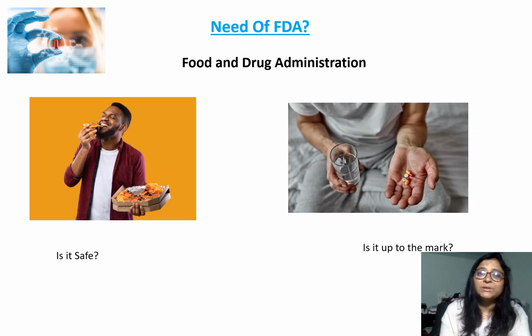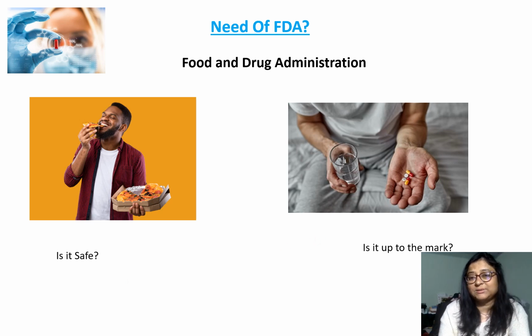Now, what is the need of FDA? As I discussed in the earlier session, FDA ensures that everything should be safe for the public. Their need is clear: what we are consuming in the form of food, drug, or cosmetic, is it safe for us?